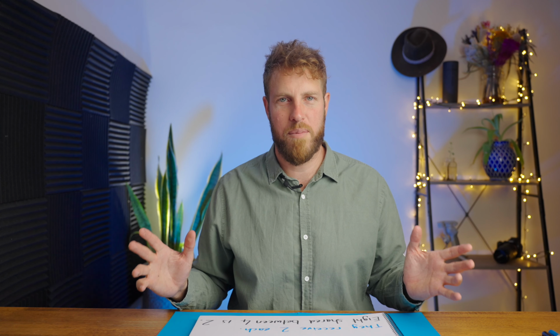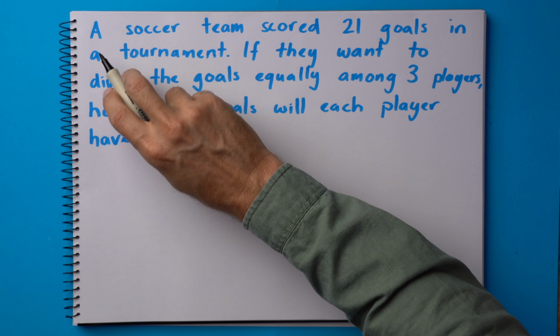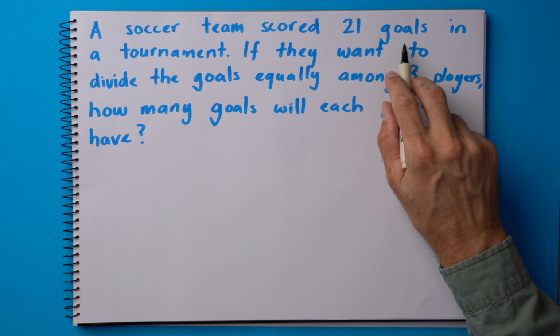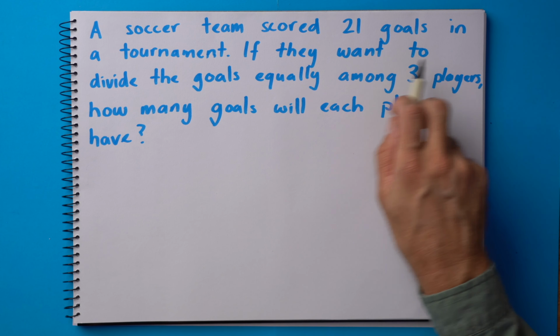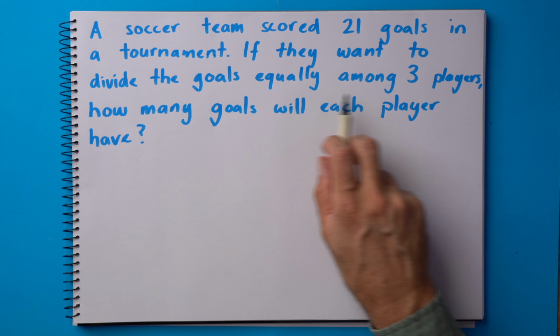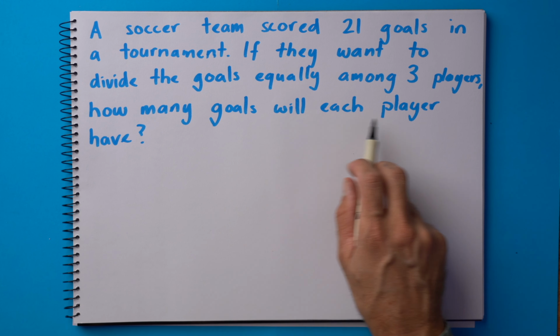All right, let's have a look at one more example. In this example, a soccer team scored 21 goals in a tournament. If they want to divide the goals equally among 3 players, how many goals will each player have?